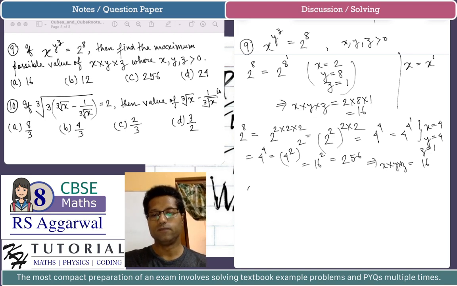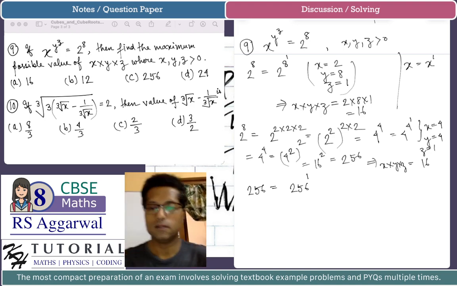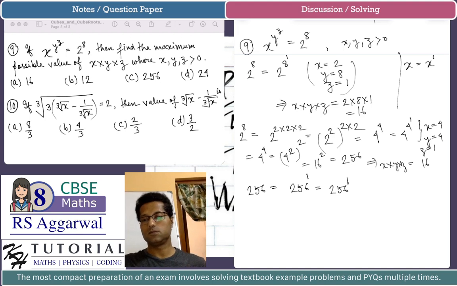Now 256 can also be written as 256 to the power 1. Any integer raised to the power 1 is always equal to that integer. Now the power 1 can also be expressed as 1 to the power 1.